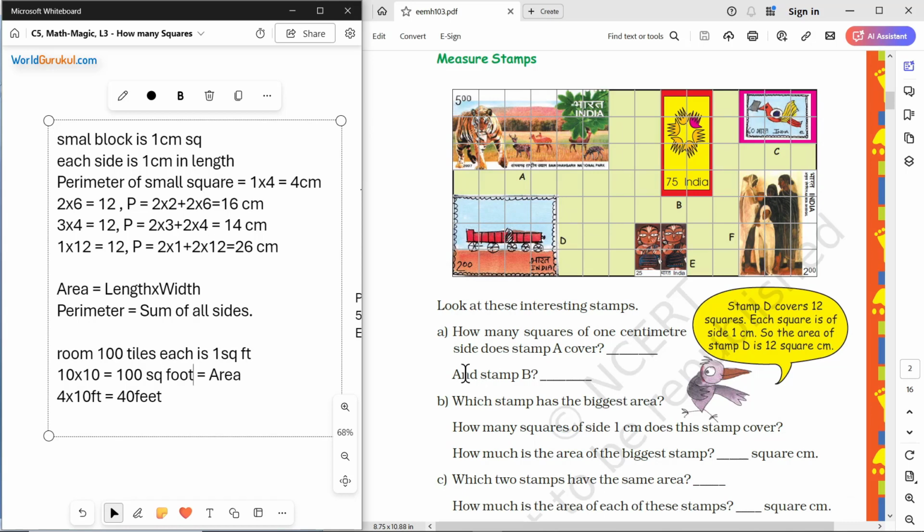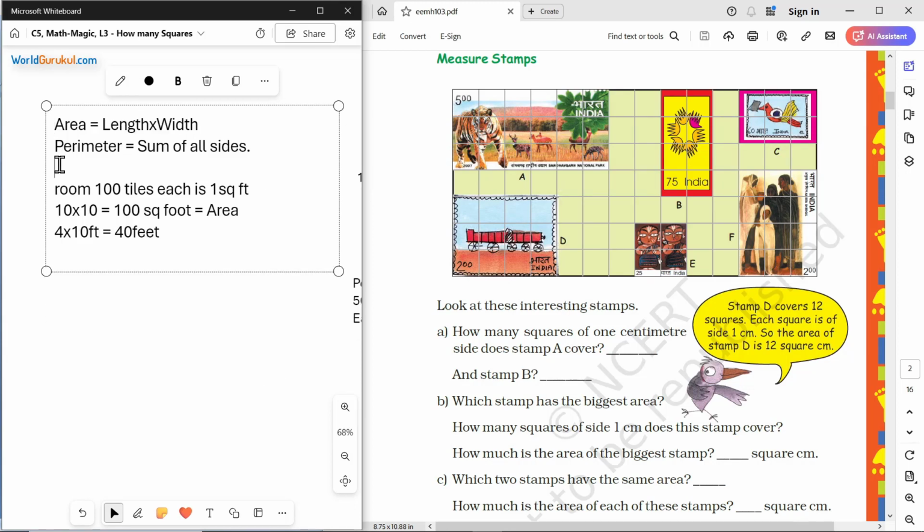We have some questions here. Let us see this question. How many squares of 1 centimeter side does stamp A cover? This is stamp A, B, C, D, E, like that. Each block is of 1 centimeter in length by 1 centimeter in width. So, the area of each square is 1 square centimeter.